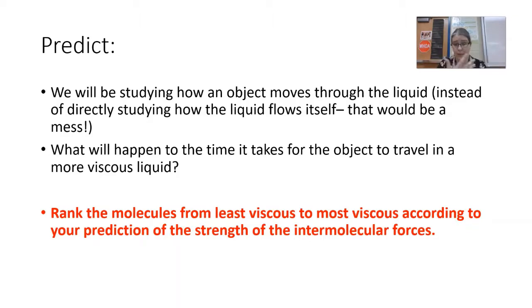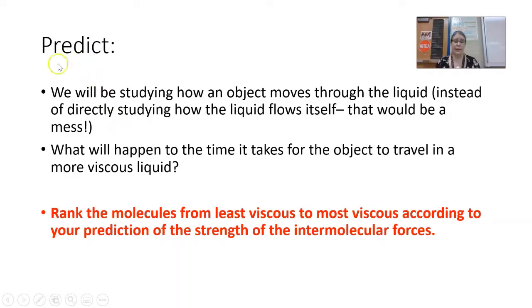So the more viscous the liquid will be, the longer the time it will take for the ball bearing to travel through this liquid. We have these tubes that have markings so that we can actually compare the distance, and we'll know that they do travel the same distance so that we can just compare the time.